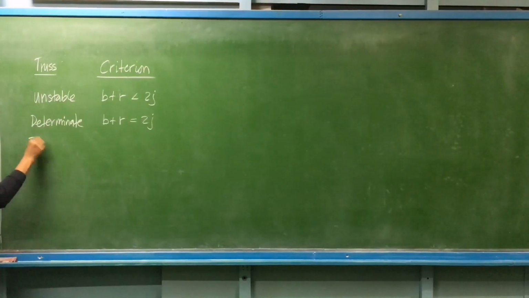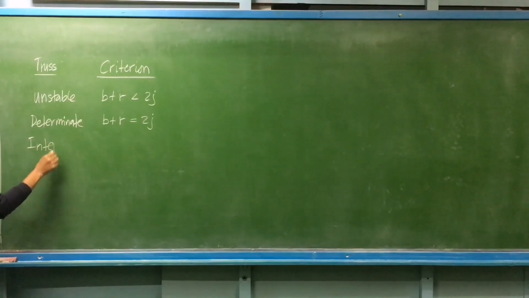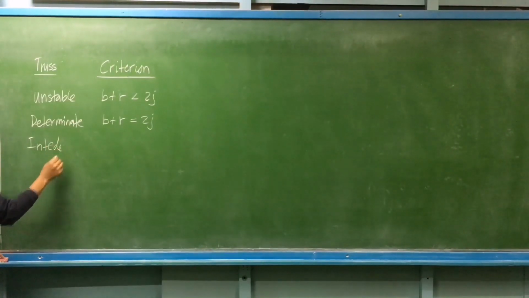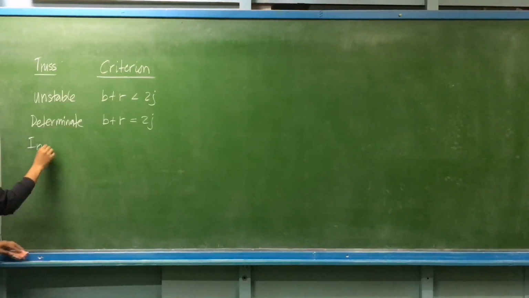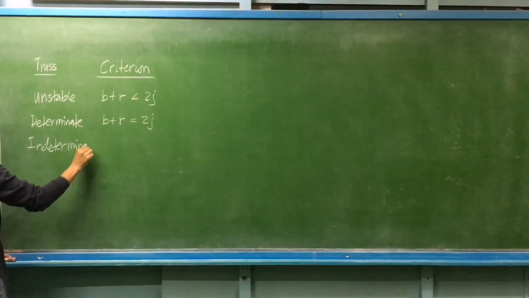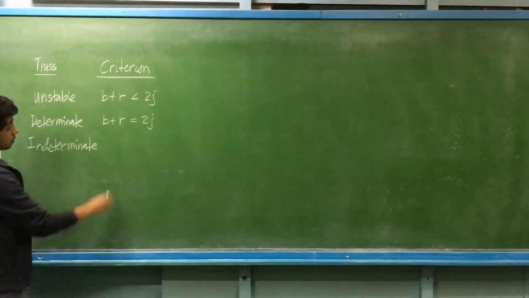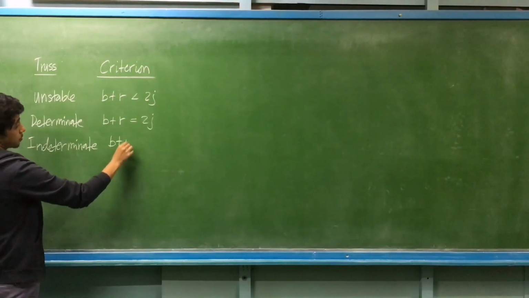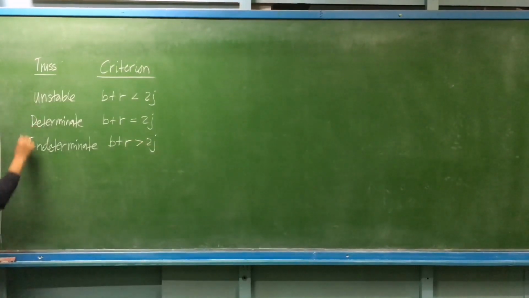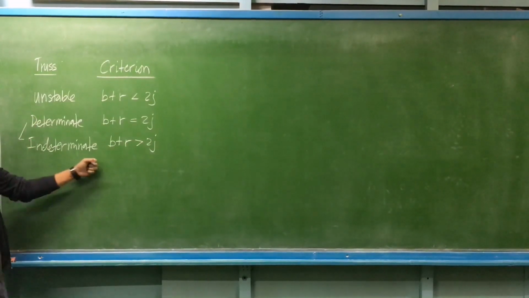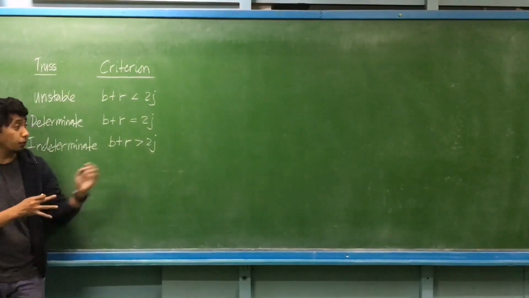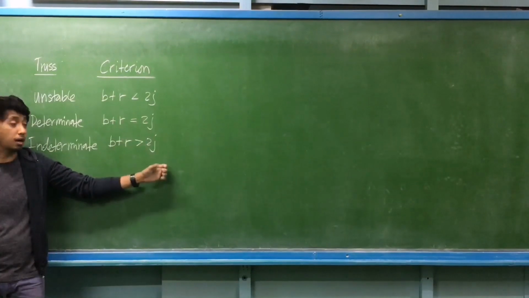Then we have indeterminate truss, if the number of bars plus the number of support reactions is greater than twice the number of joints. Determinate and indeterminate are said to be stable trusses if we don't have a problem when it comes to their geometrical shapes.